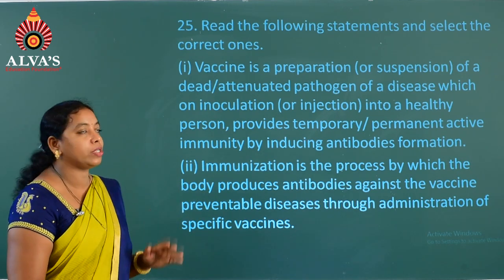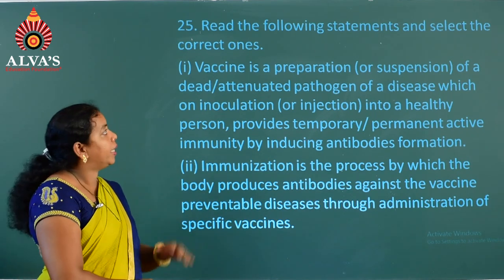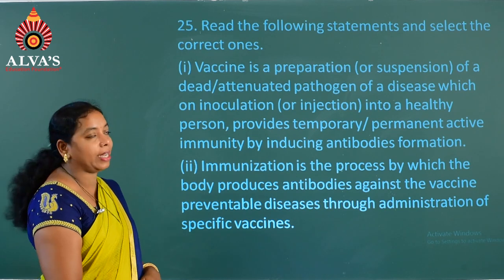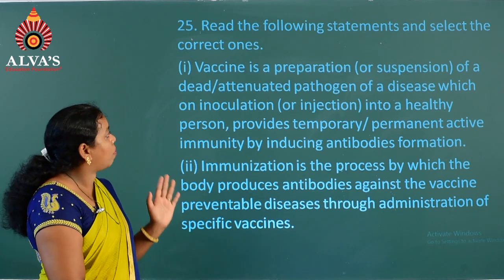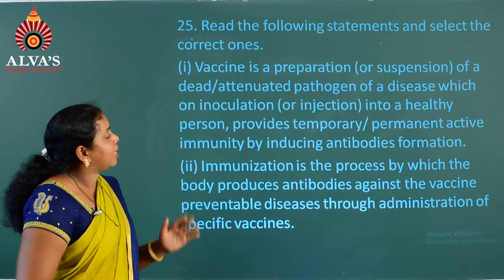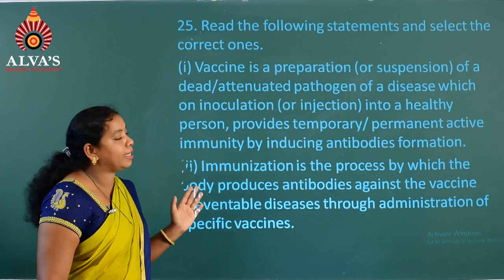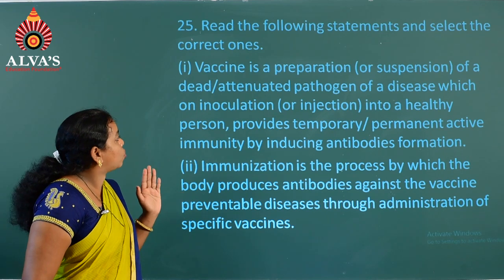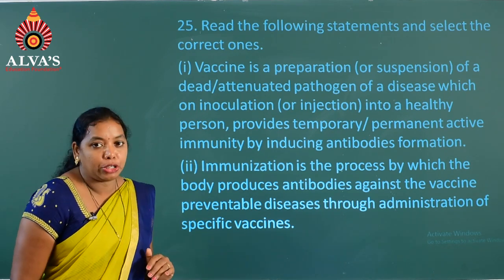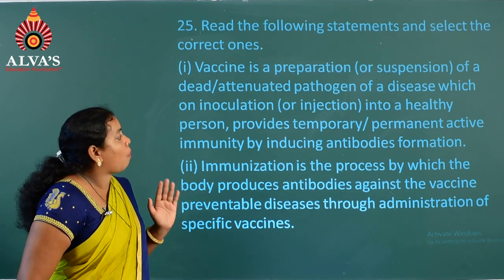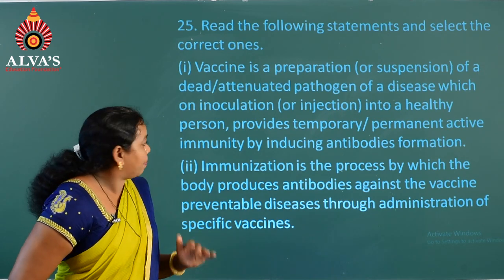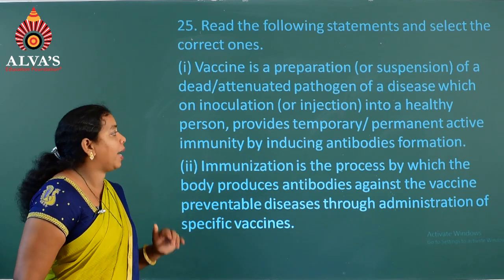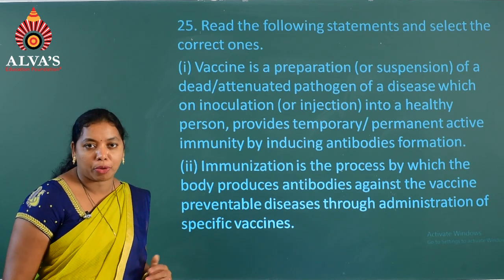Moving on to the next question, question number 25. Read the following statements and select the correct ones. First option, a vaccine is a preparation of a dead or attenuated pathogen of a disease which on inoculation into a healthy person provides temporary or permanent active immunity by inducing antibody formation.